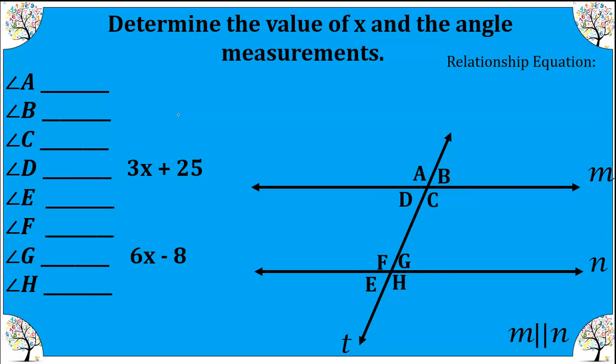Okay, this time we don't have an actual angle measurement, but we do have two pieces of information of two different angles. So let's see what their relationship is. Angle D and angle G, alternate interior.